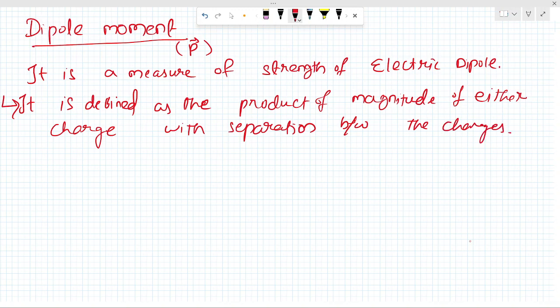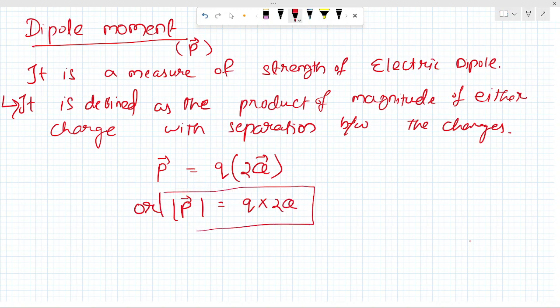Mathematically we can denote it as p = q, the magnitude of either charge, into the distance between them, which is 2a vector, or we can say its magnitude is q into 2a.